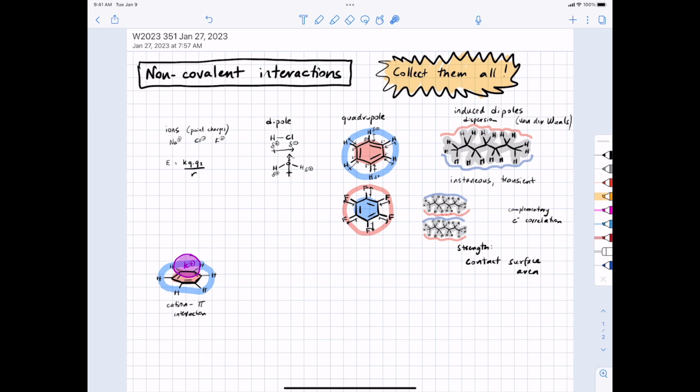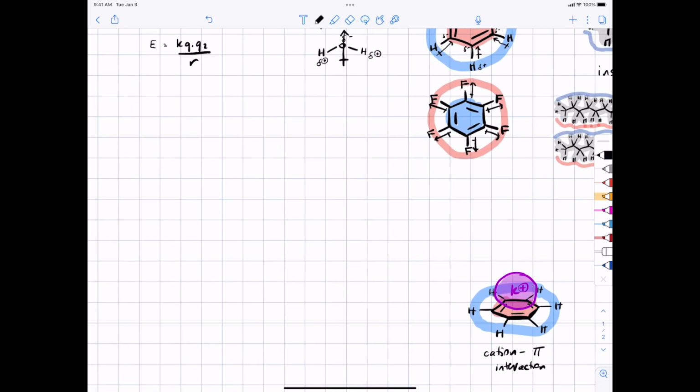You can take a charge and a dipole, and you've got a charge-dipole interaction, you can call it that.